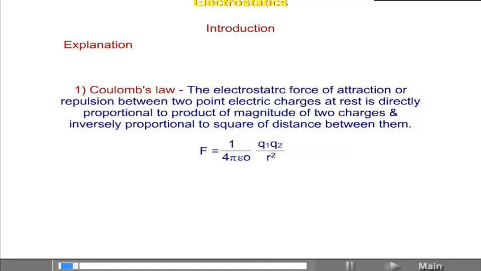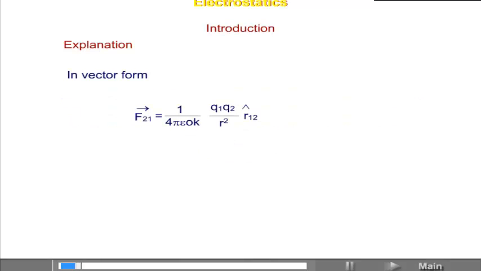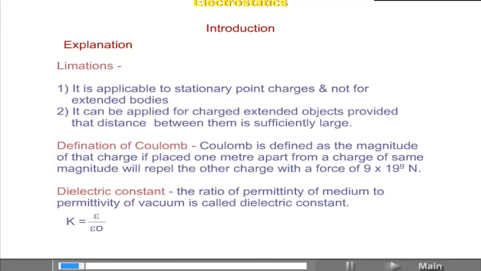F = (1/4πε₀) × q1 q2 / r². In vector form, F21 = (1/4πε₀) (q1 q2 / r²) r̂12.